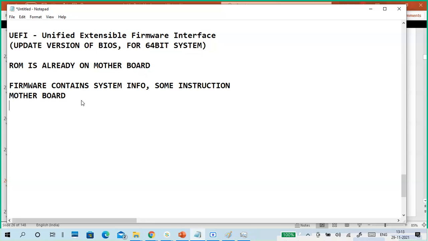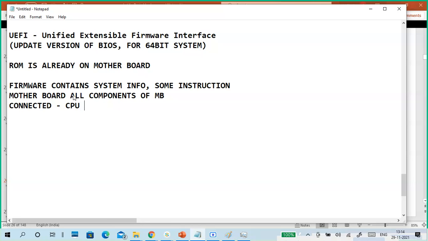So all components of the motherboard. I'll put MB so you can understand. Next, the connected ones. Importantly, the CPU.